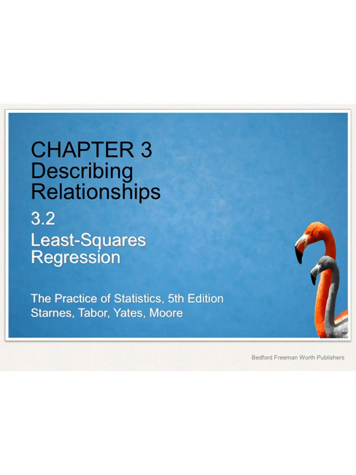The second half of section 3.2, specifically focusing on: is a linear model a good model for an association?